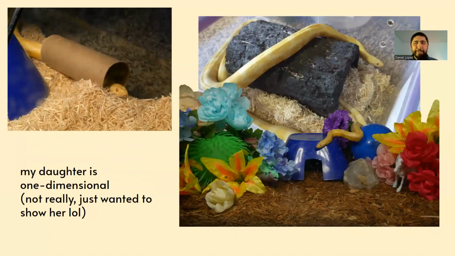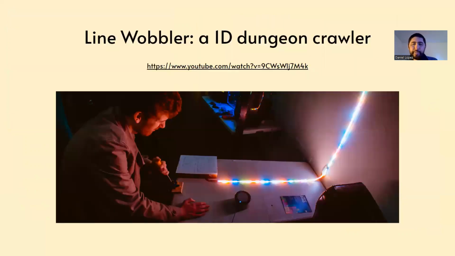My daughter, the snake, is not literally one dimensional, but her body mostly follows her head, so she moves in a squiggly line, essentially. There's also this game. You can check out this link yourself. It's really cool. It's basically a video game that's only played in one dimension using colors.